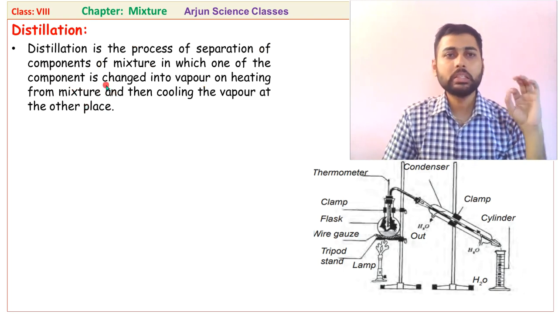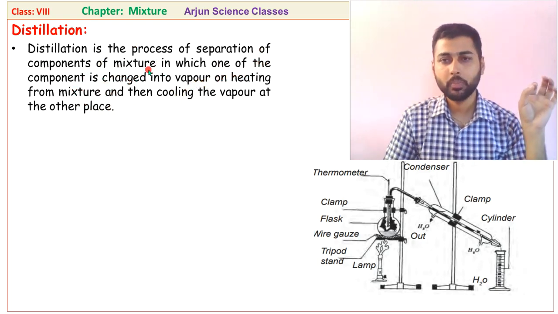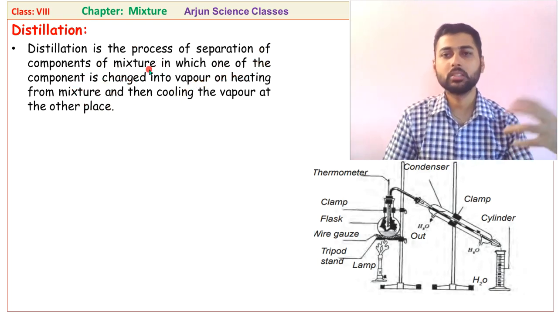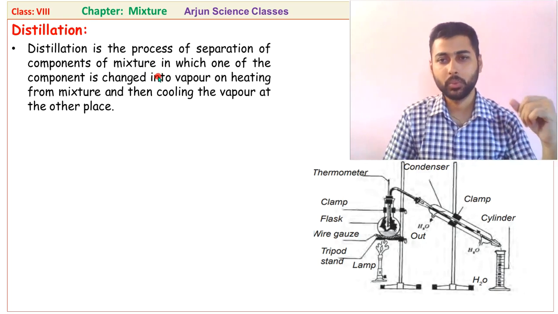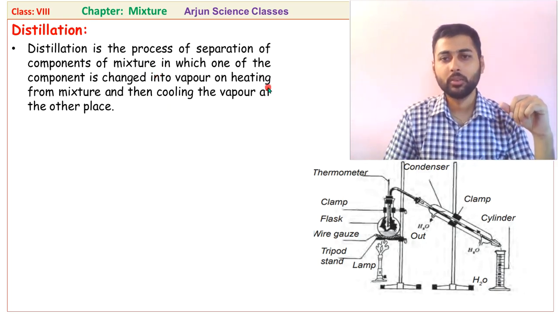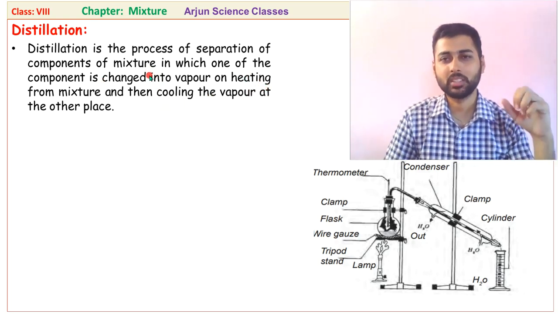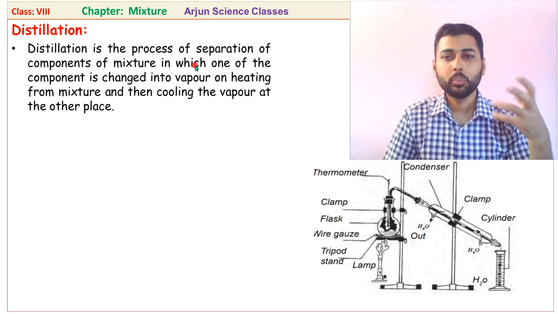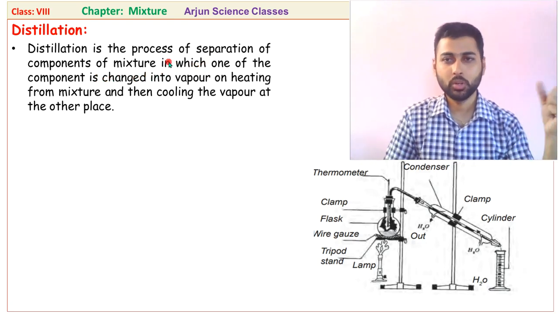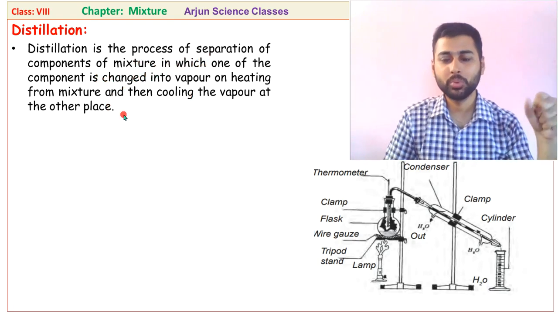My dear students, distillation is the process of separation of components of a mixture. It is a process, it is the way of separation of components of a mixture. A mixture contains two or more than two components, sometimes only two components, sometimes more than two.